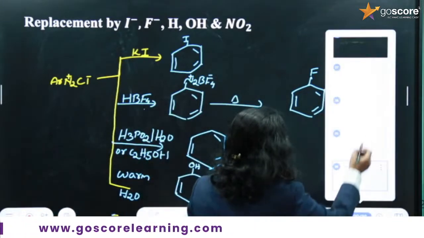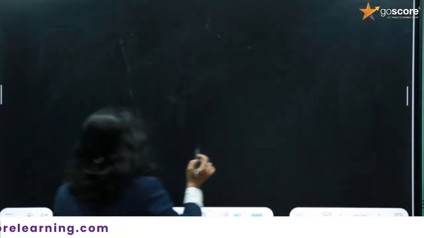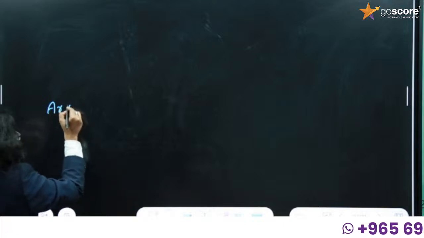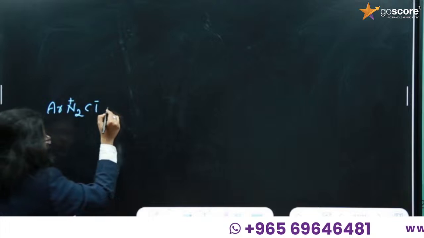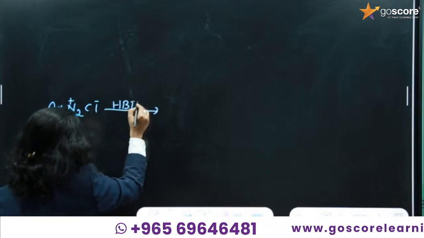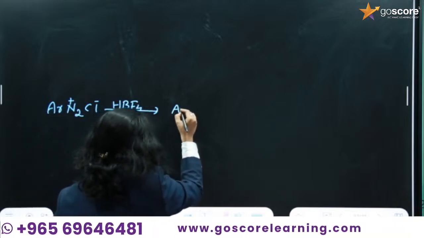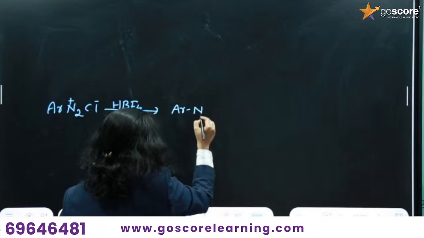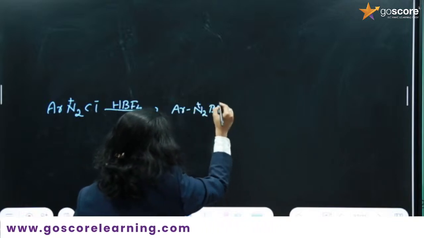And there is one more reaction. If you are reacting ArN2 plus Cl minus with fluoroboric acid, you will get ArN2 plus BF4 minus.